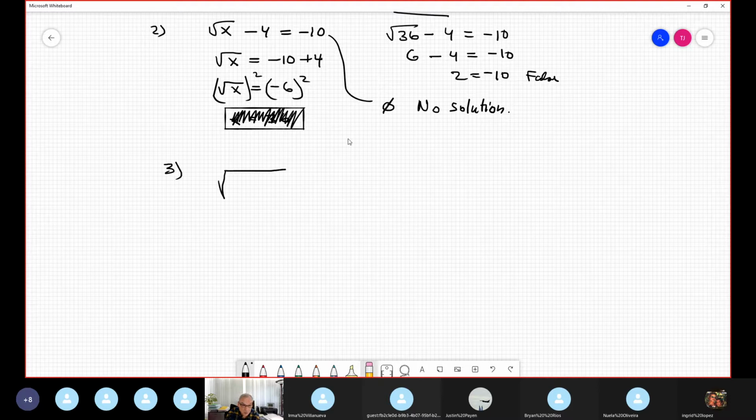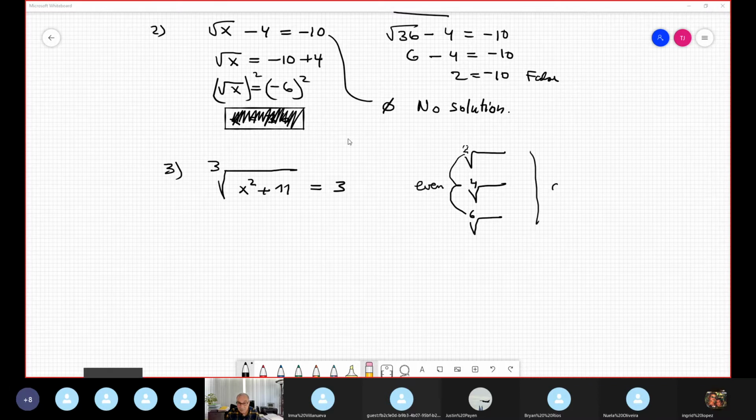That is a cubic root. Wow, cubic root, I don't lie. The cubic root of x squared plus 11 equals 3. Let me explain one thing in detail. When you have a square root, a fourth root, a sixth root, when the index of the root is an even number, then yes, checking is mandatory.